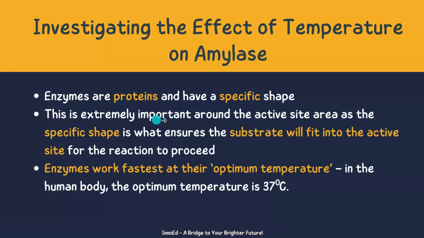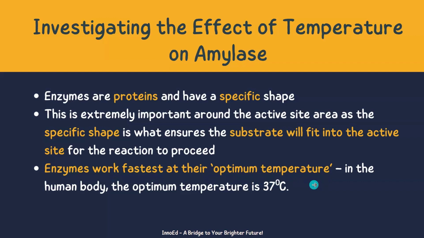This is extremely important that the shape of the active site has to be specific, just like the shape of the substrate, so that they will fit into each other very well for the reaction to proceed. Enzymes work fastest at their optimum temperature because they have the highest kinetic energy and the most suitable temperature.